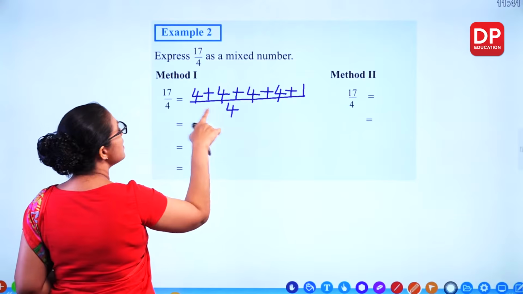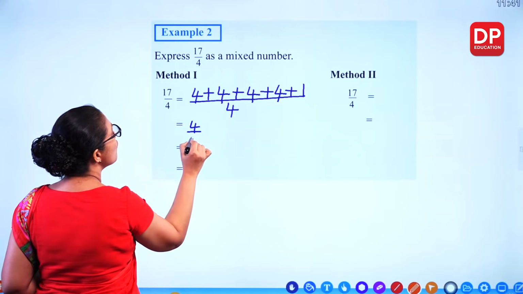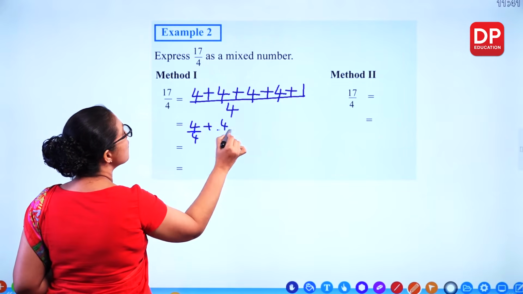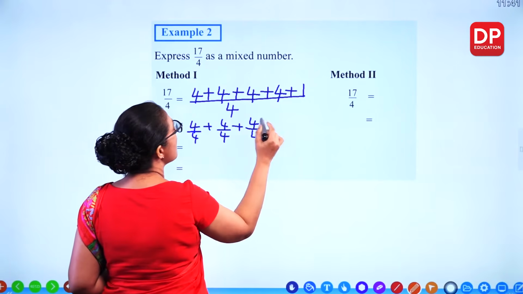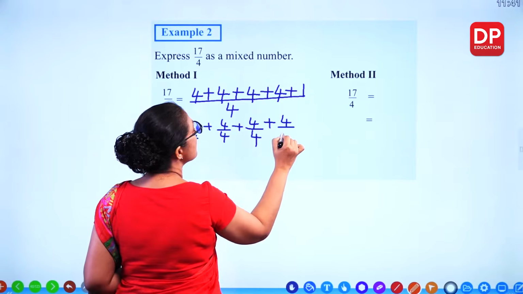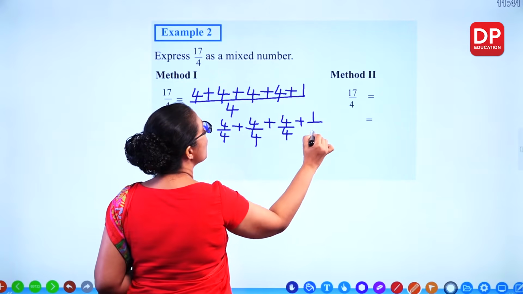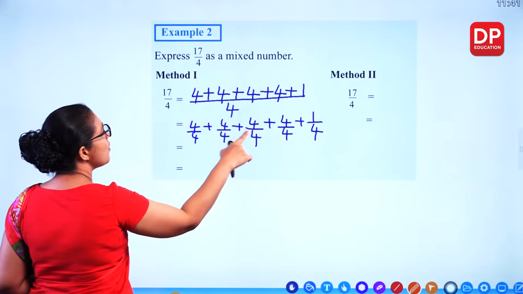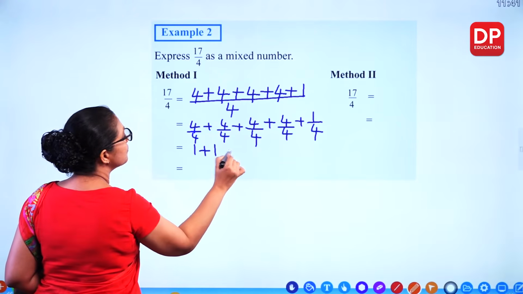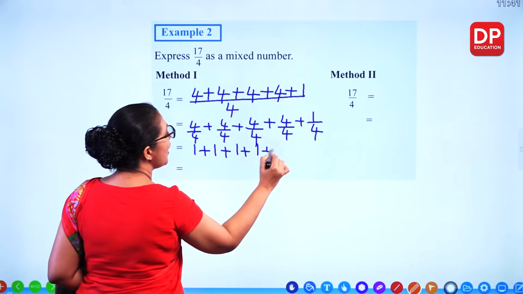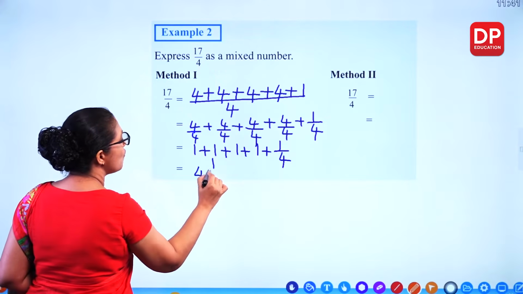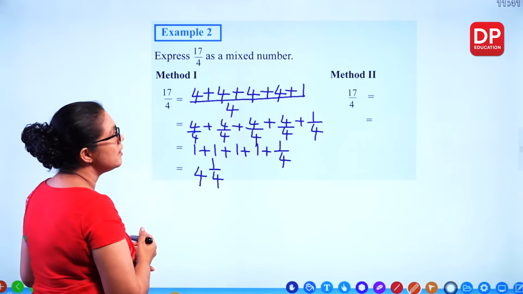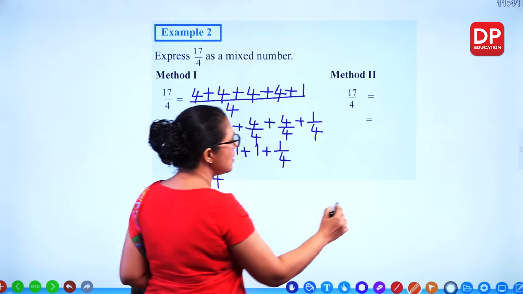So how many 4s are there? 4 over 4, 4 over 4, 4 4s are there, 4 fractions. 1 over 4. So 1, 1, 1, 1. And 1/4. So you get 4 and 1/4. We'll use the easy method, long division.